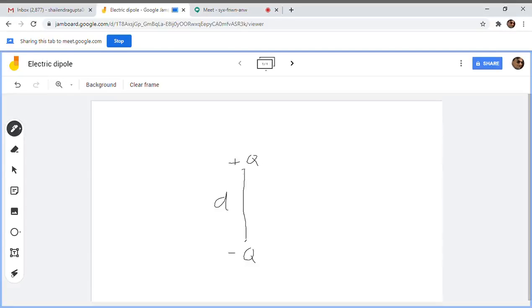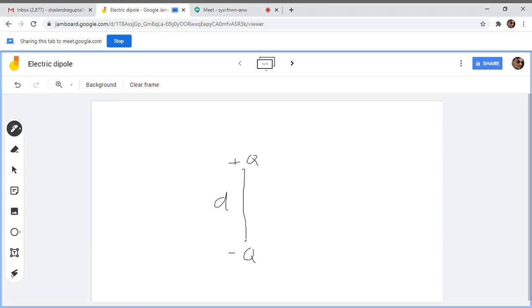If ever this type of configuration comes, where two equal charges which are opposite in nature are displaced by a distance d, and they are static, then they are called an electric dipole.